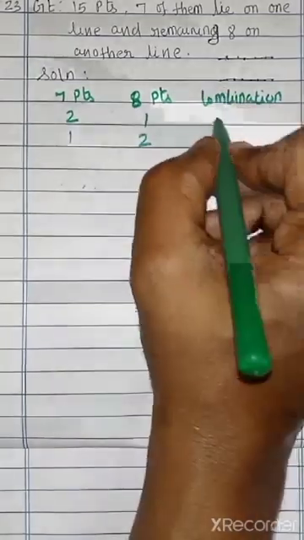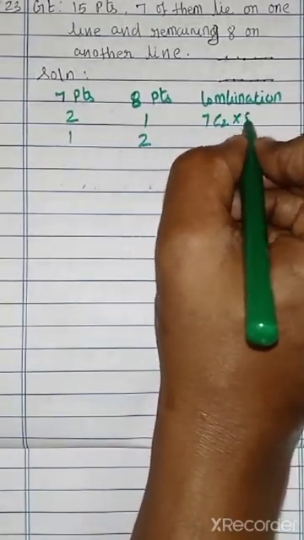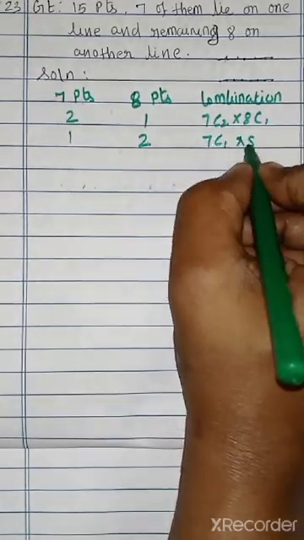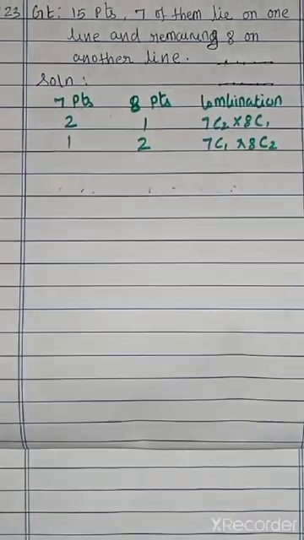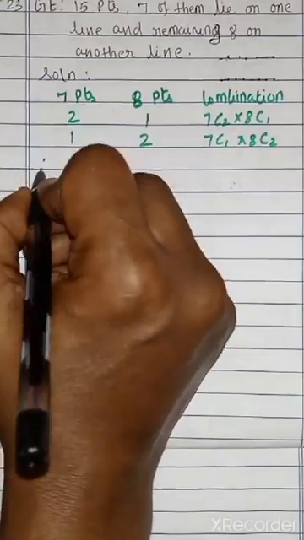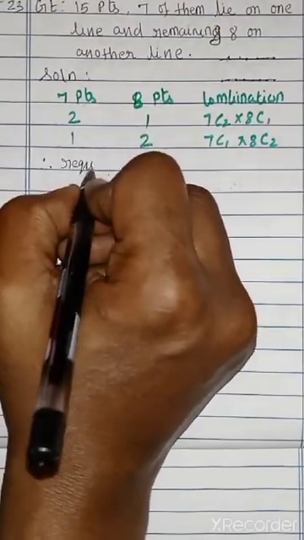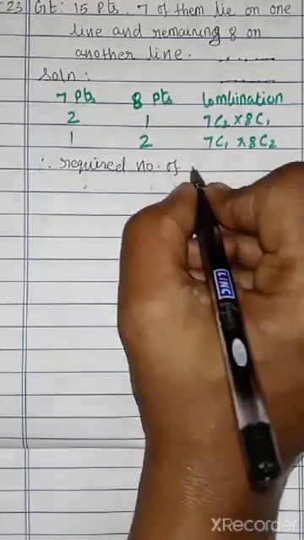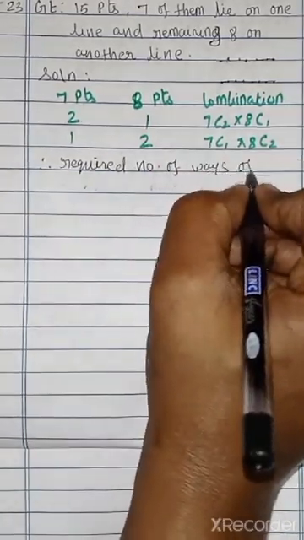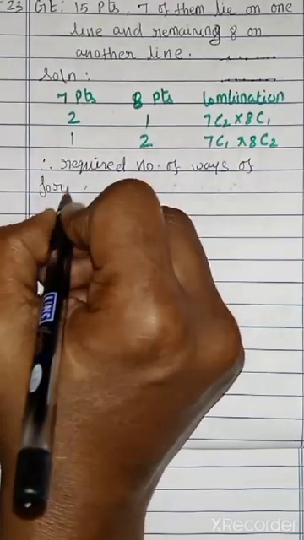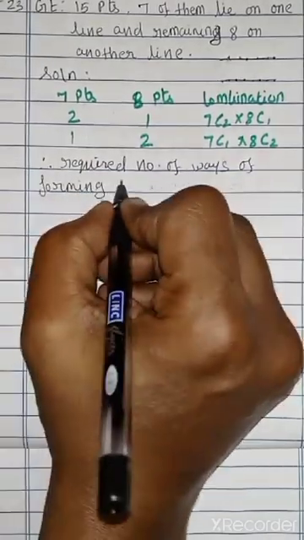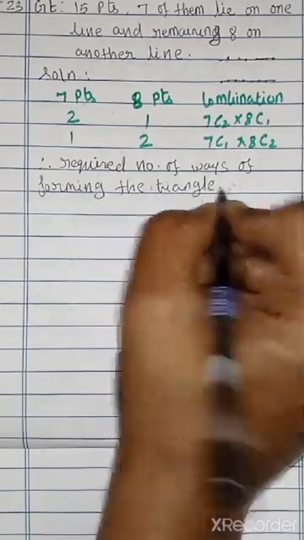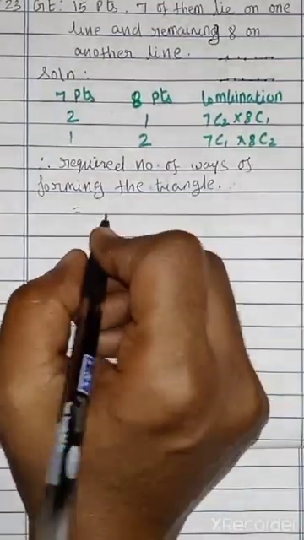So how can I write this one? 7C2 into 8C1 plus 7C1 into 8C2. Right? Therefore, the required number of ways of forming a triangle, we have to multiply all those things.